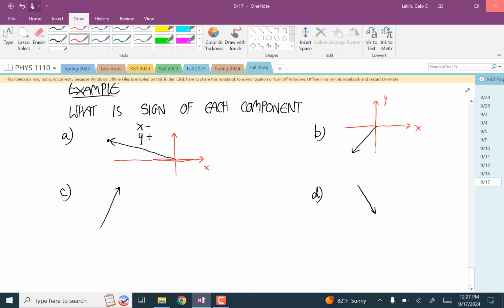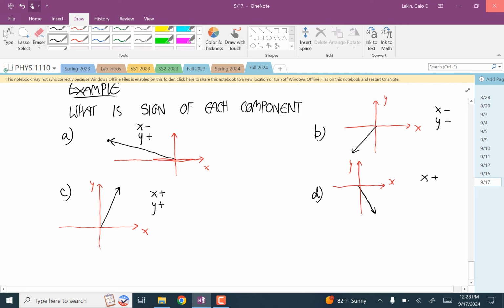And now we'll go to B. Is the x component positive or negative? Negative. What about y? Negative, yep. And then for C, the x component, positive. Y component, positive, yep. And the last one, x, positive, yep. Y? Negative, perfect.